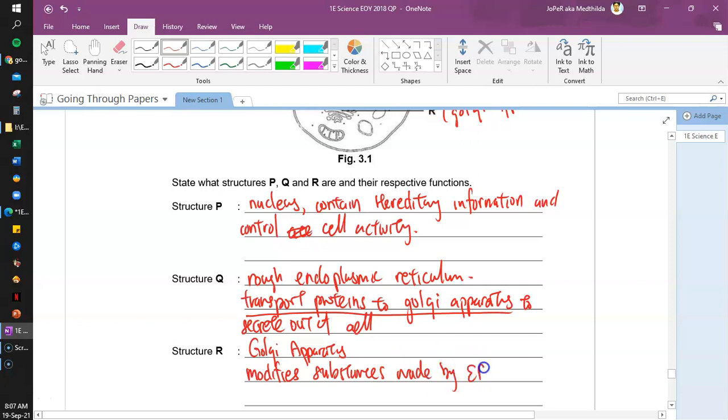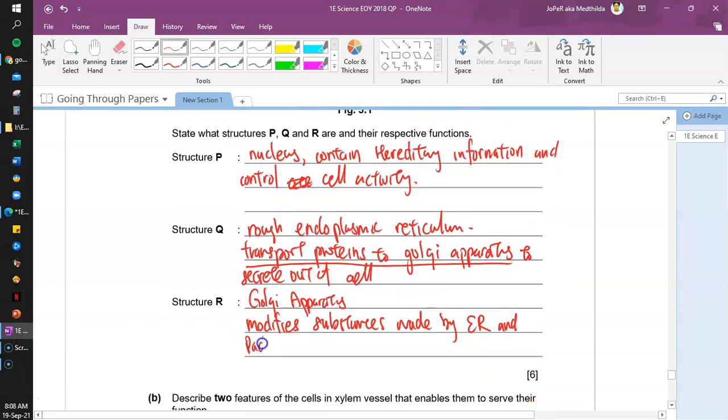I'm just going to write short form. ER stands for endoplasmic reticulum, and packages them in vesicles for secretion out of the cell.